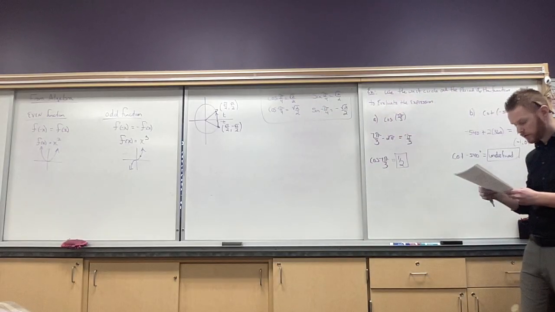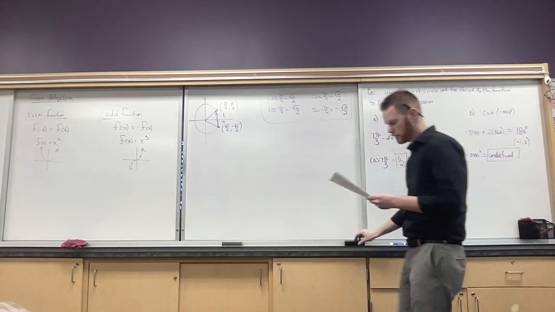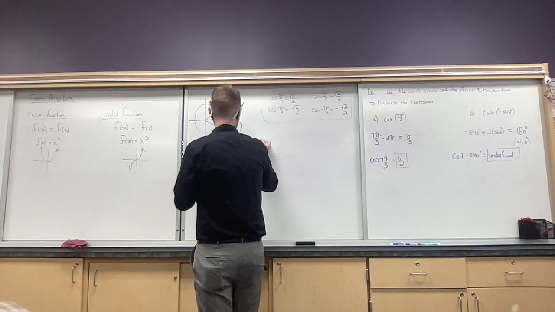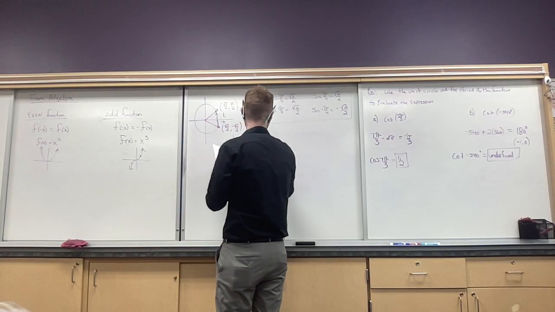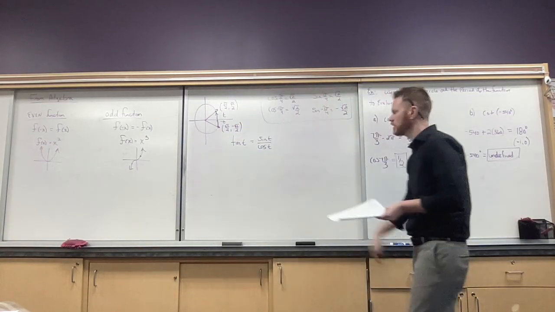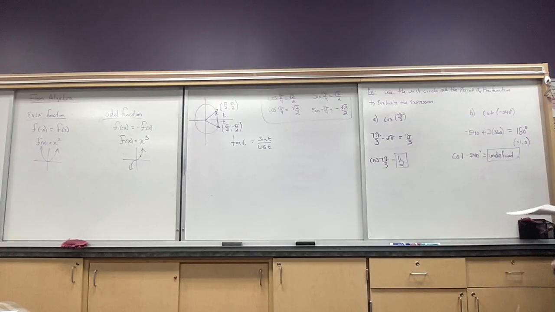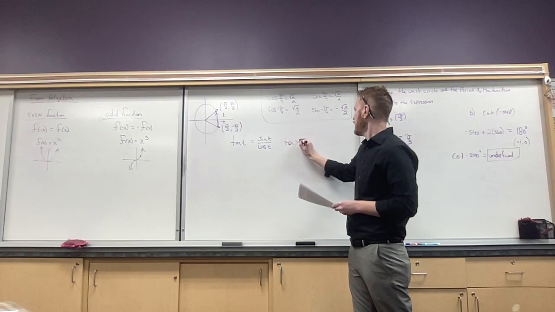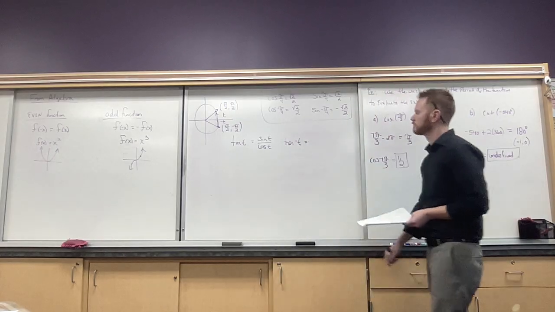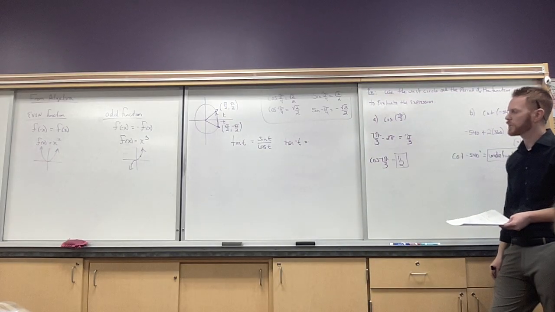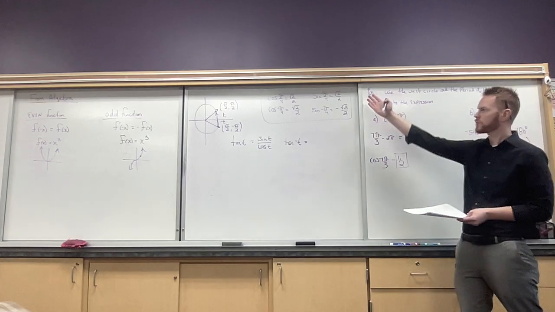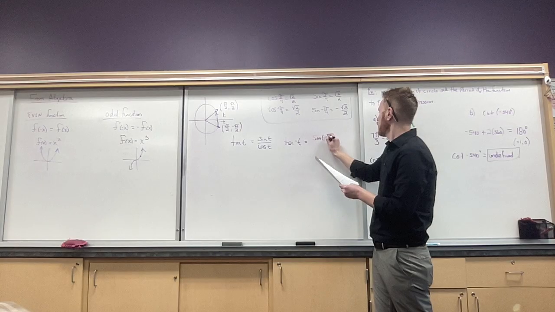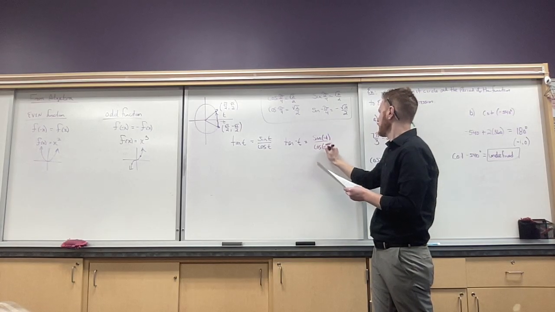So let's go ahead and look at tangent. Tangent, which we know is sine over cosine, y over x, but we know that sine and cosine do the same thing. So if I have a negative angle for tangent, what's the output going to look like? Well, let's look at what we just discovered up here. We're going to have sine of a negative angle, cosine of the negative angle.